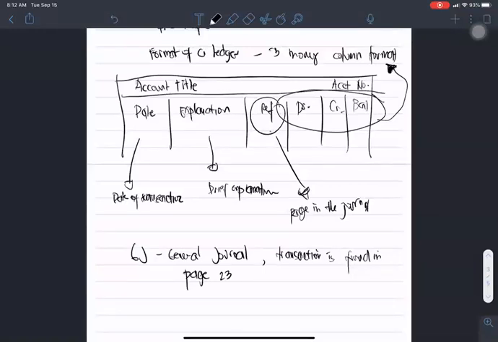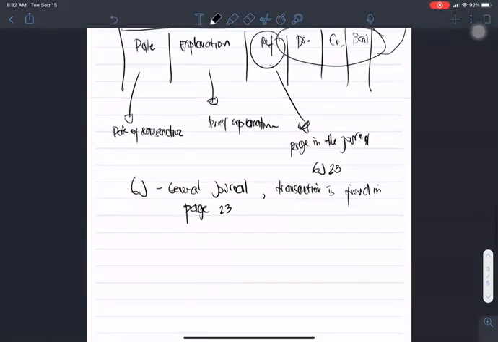So let's say it is found in the general journal in page 23, you place here GJ23. That is for general journal page 23. How about if you can see it in your special journal? If that is a special journal, as much as possible, you provide a reference for the different types of special journal.